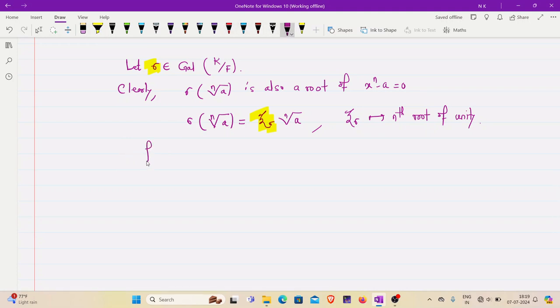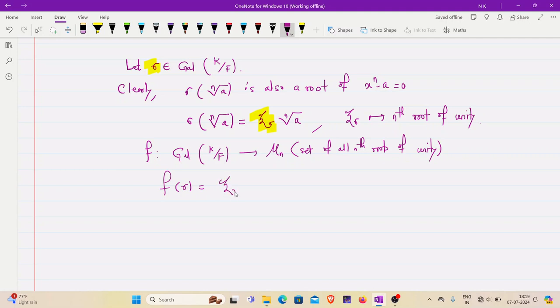So there is a map, say f, between the Galois group of K over F and mu_n, where mu_n is the set of all nth roots of unity, and it is defined as f of sigma equal to xi_sigma. That's a map.